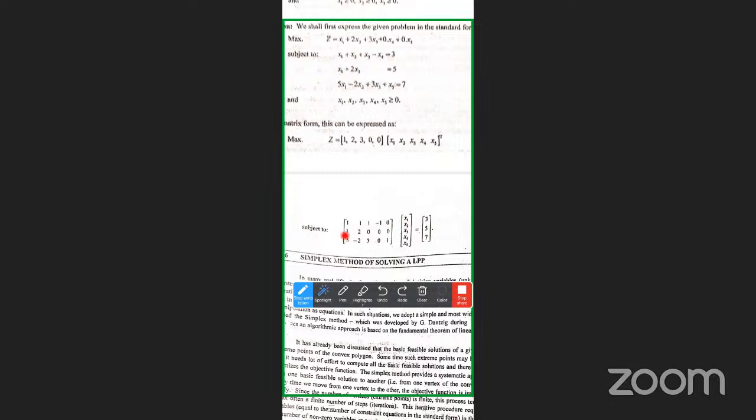In the third equation: 5, minus 2, 3, 0, 1. So this is the matrix into x1, x2, x3 up to x5, all the variables, and the constants 3, 5, 7. So this is the matrix form of the given LPP.